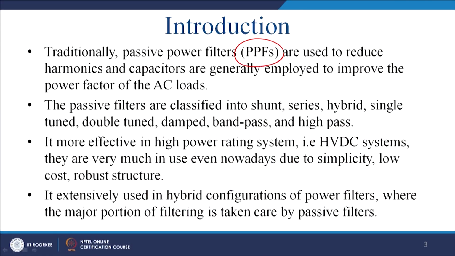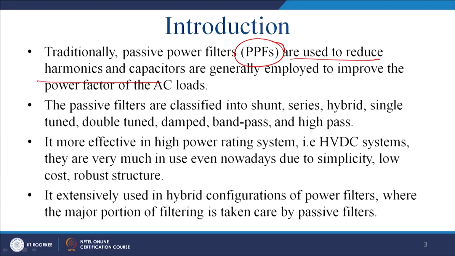Traditionally, we shall abbreviate the passive filter as the passive power filter. Please note that there is signal level filtering, which can also be active filtering by the op amp. But once you are using high power, it has to be a passive power filter, and once you use an active component, it will be a shunt or series active power filter, which is also a power filter.